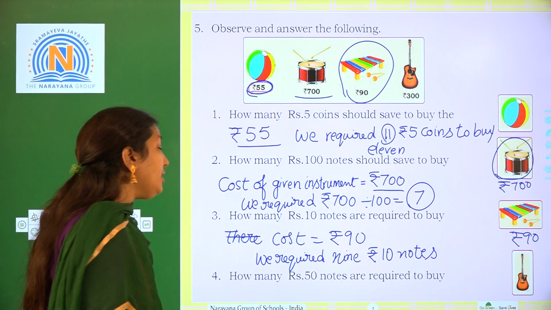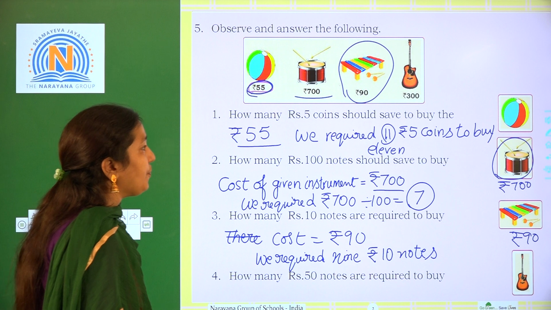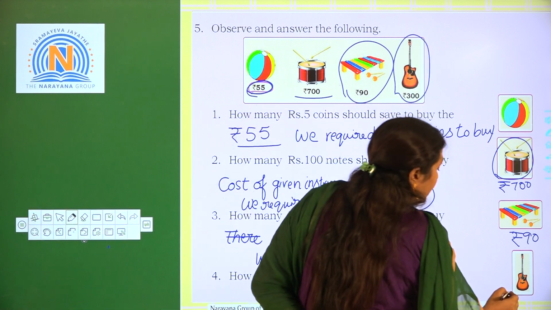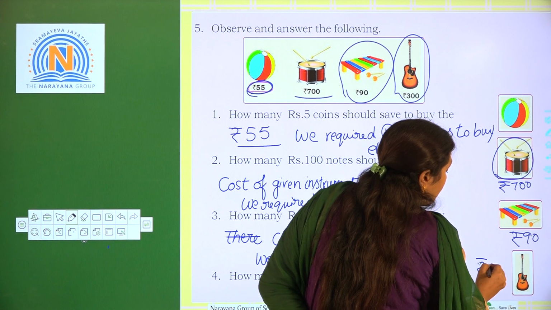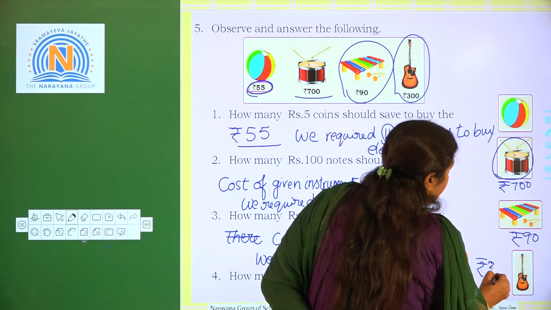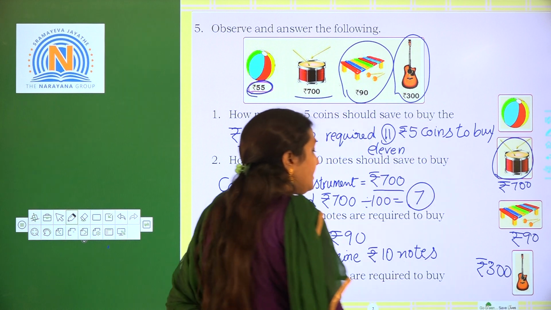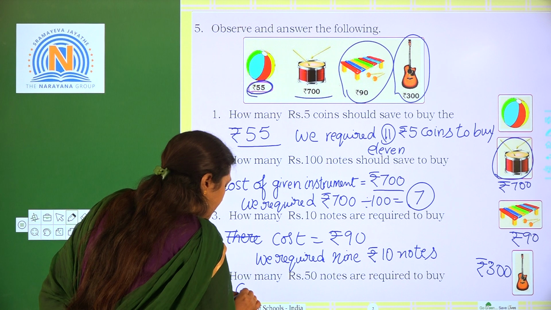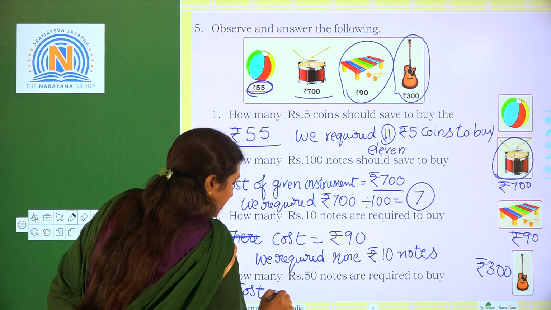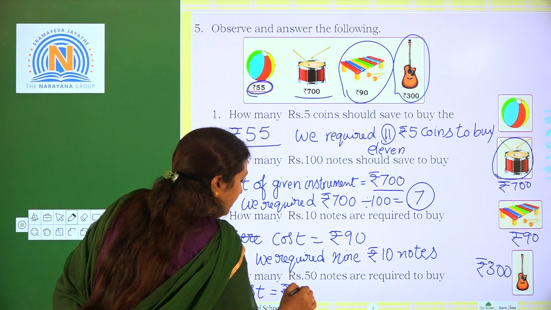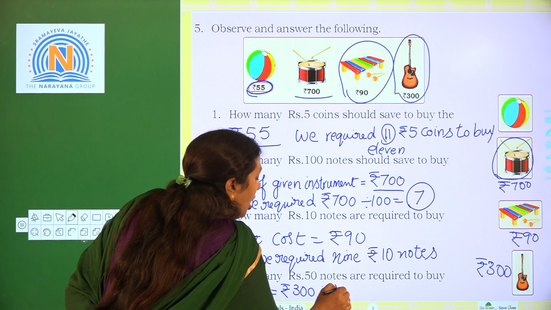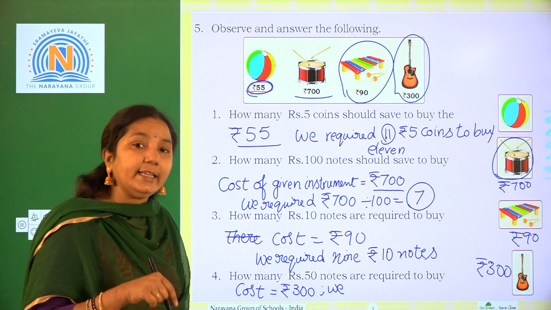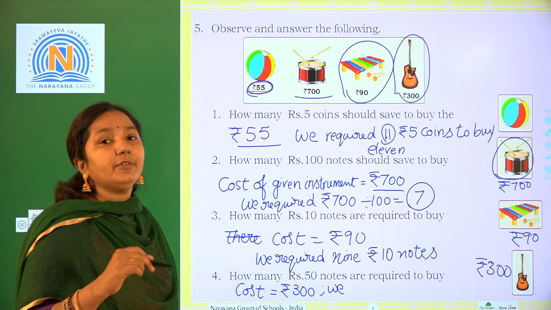Now, how many 50 rupee notes are required to buy the given musical instrument? The cost of the guitar is 300 rupees. How many 50 notes are there in 300? We have to divide.